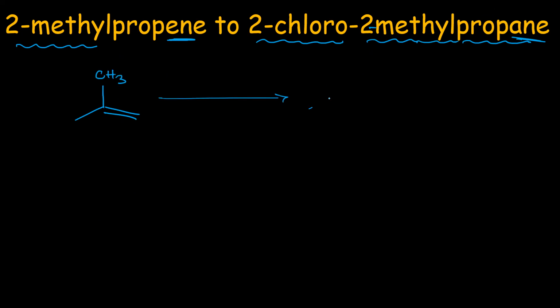And I have to make propane, and I have CH3 that was present here, and chlorine. So what is happening here? Tell me. We are moving from alkene to haloalkane.